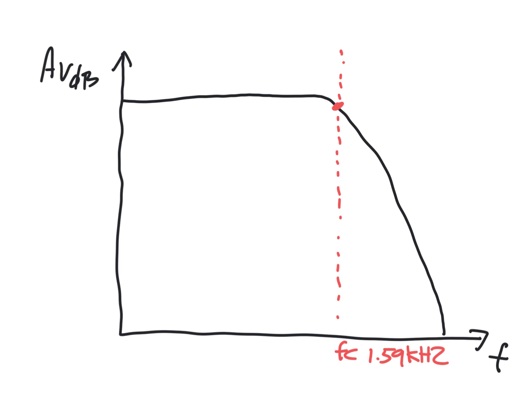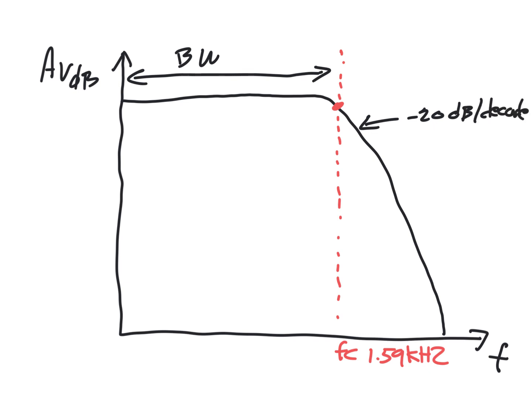Okay, and again, this is going to be the passband, or the bandwidth means the same thing, like that. So it's going to pass all frequencies up to 1.59 kilohertz, and then roll off at minus 20 dB per decade.